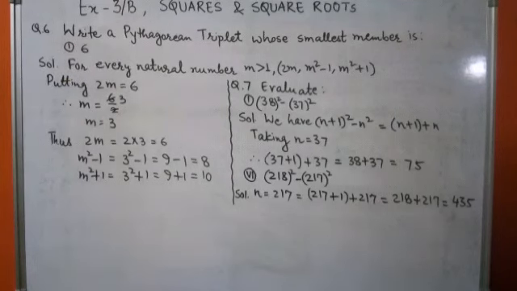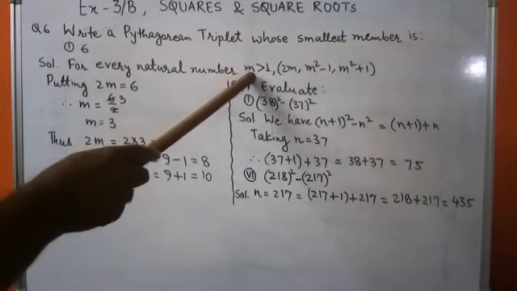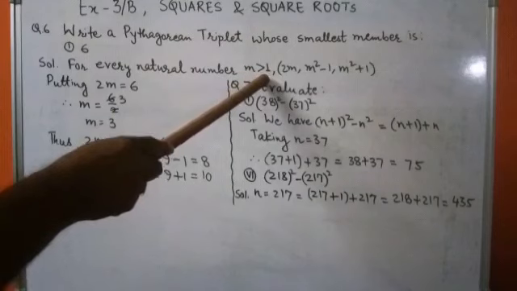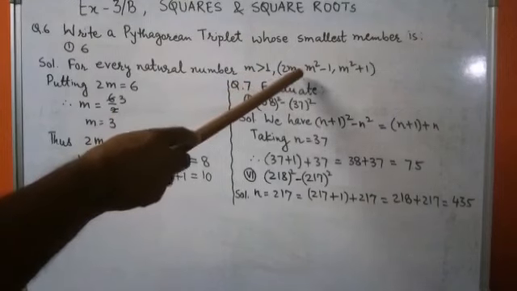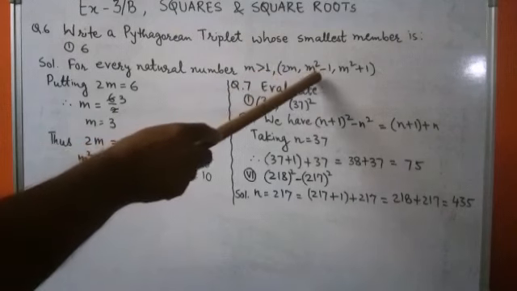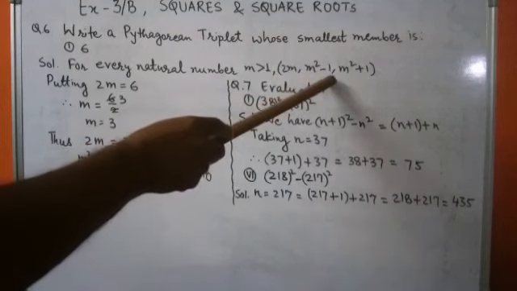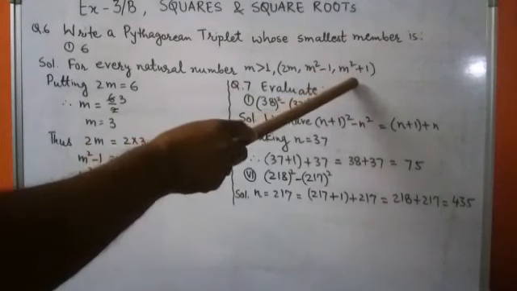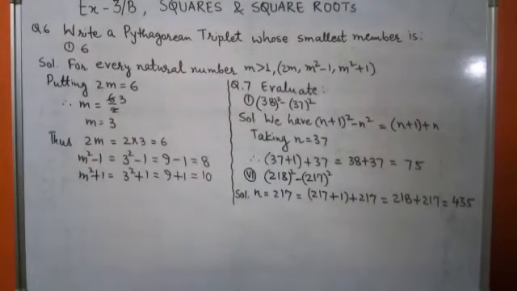See, from properties of square root, there we have learned about Pythagorean triplet. They are given when a natural number is greater than 1, then it may be 2m, twice of m, then m square minus 1, second number, and third number will be m square plus 1.